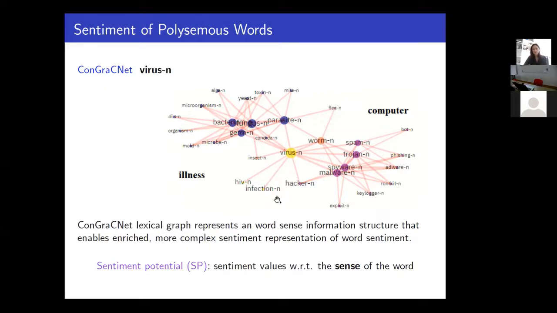So we will use these clusters in the graph to separate different meanings of the word and to enrich the sentiment representation of a word, and to provide what we call the sentiment potential of a word, which is a kind of sentiment modular sense.